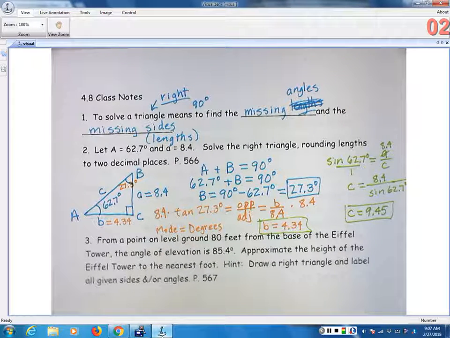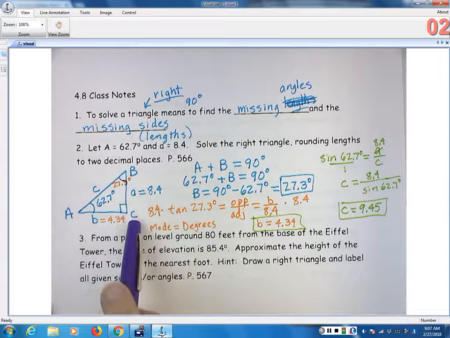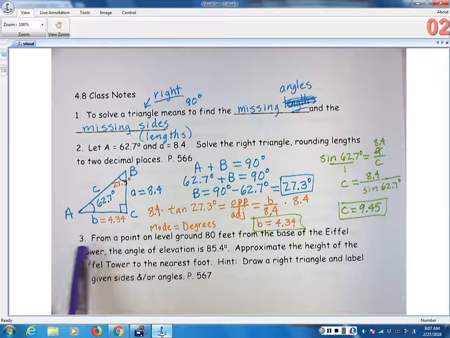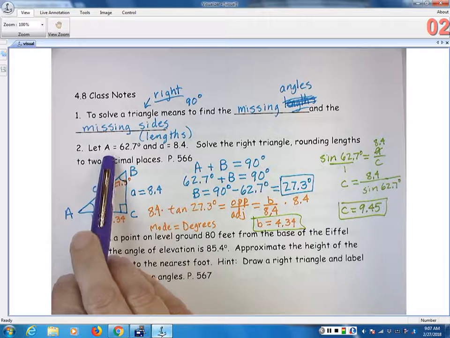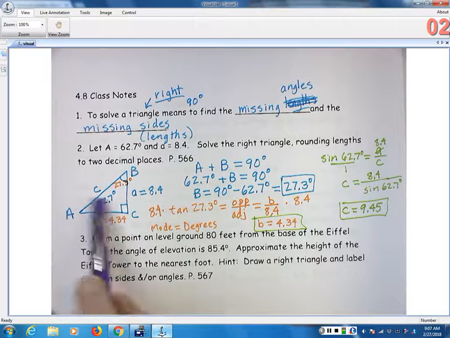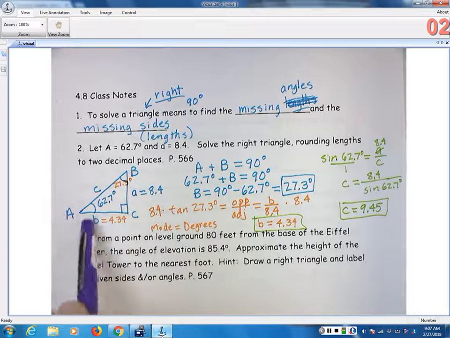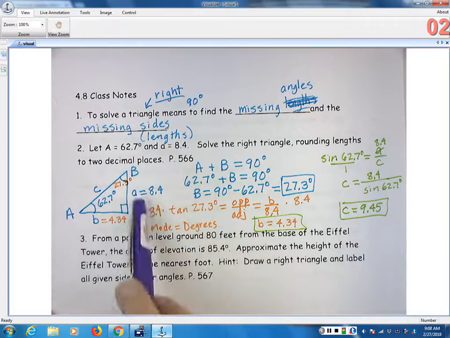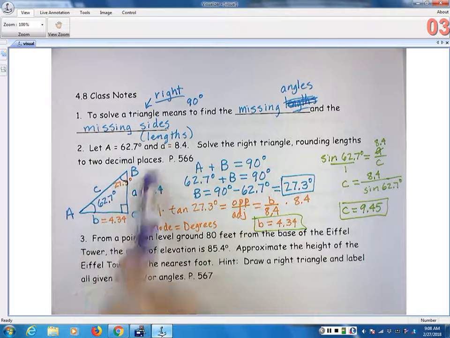You're going to draw a right triangle and label the angles A, B, and C, where C is the right angle, and small a is opposite capital A. It says angle A is 62.7 degrees, and small a is 8.4. Solve the right triangle, rounding lengths to 2 decimal places.